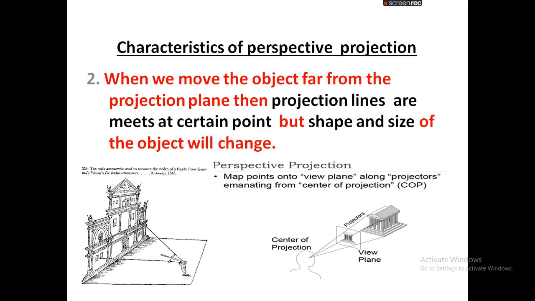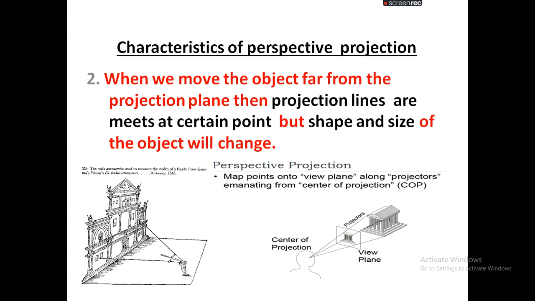This is one of the important properties of perspective projection. When it meets at that particular position, the shape and size of the object change. It looks much smaller when I move the object away from the camera, or away from the projection lines, right?